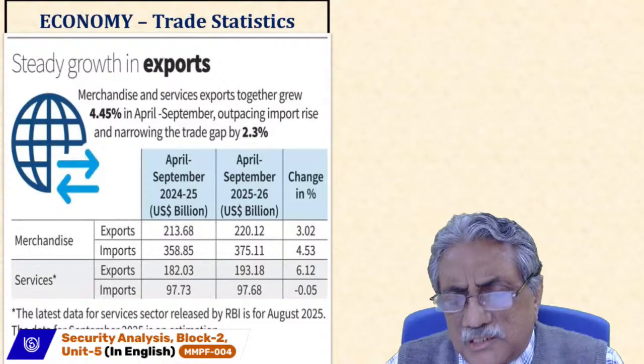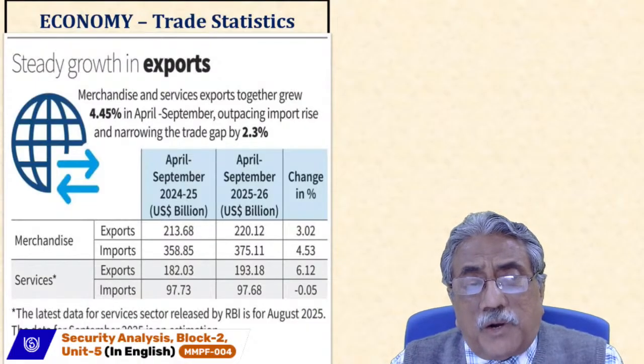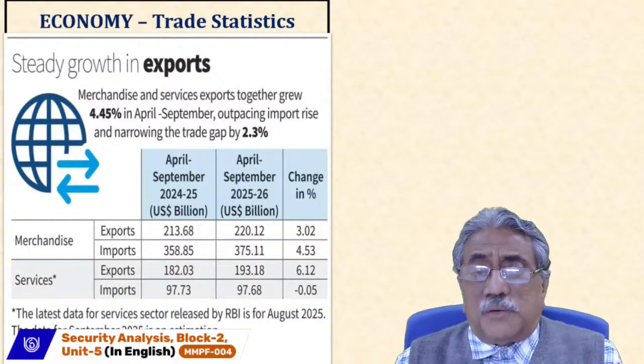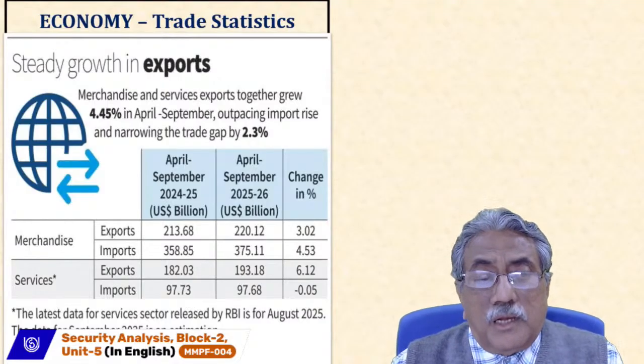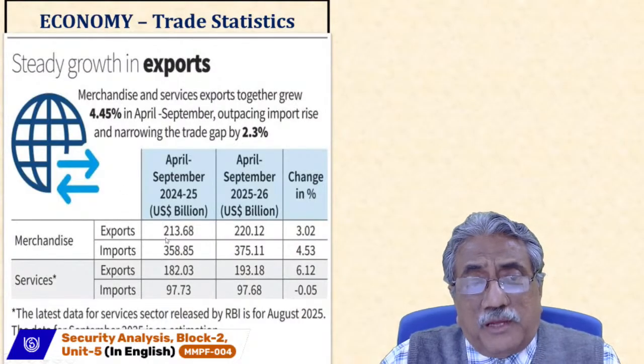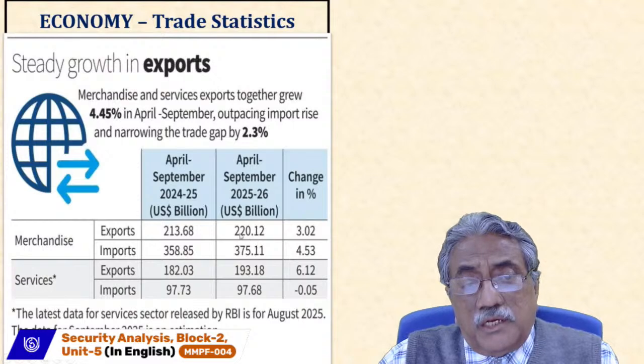The third part. One, the internal part, is done. Now on the third part, if you see, I have taken only April to September, and you can see here my April to September 24-25 was 213, here 220, so a 3% change.